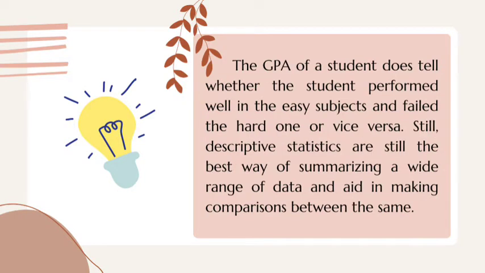Just like the example earlier, the GPA of the students does not tell whether the student performed well in the easy subject and failed the hard one or vice versa. However, regardless of these shortcomings, descriptive statistics are still the best way of summarizing a wide range of data and aid in making comparison between the same.